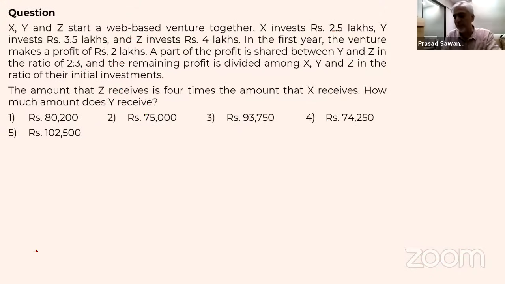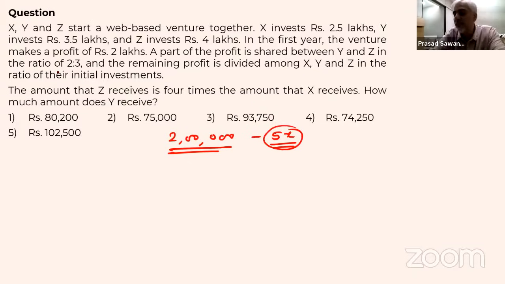Let's look at the traditional method. Total profit was 2 lakhs. Let's assume 5x was given away first. So, this 5x was distributed between Y and Z in the ratio 2:3.